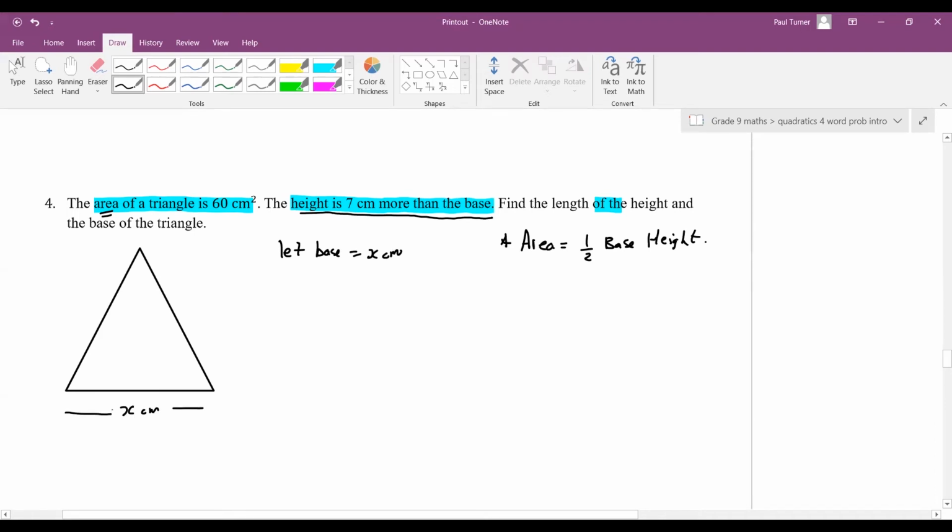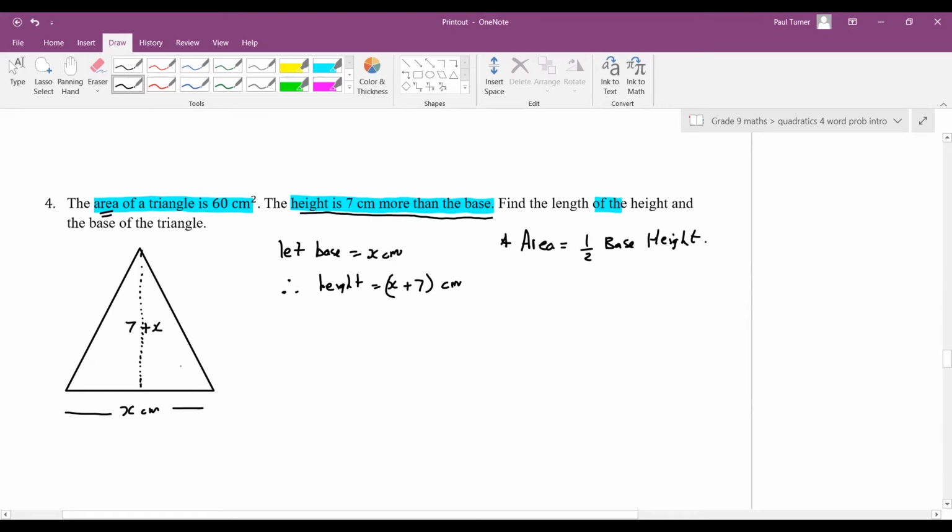Okay, so the base is x centimeters along here. And the height is 7 more than that. So therefore, height would be x plus 7 centimeters. Okay, so the height of this triangle must be 7 more, like that. So this would be 7 plus x.